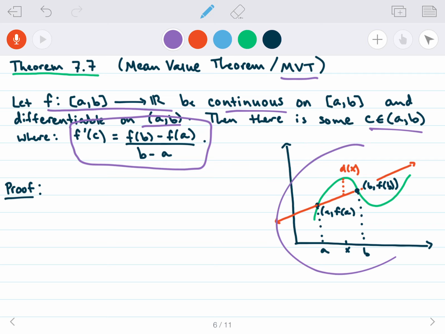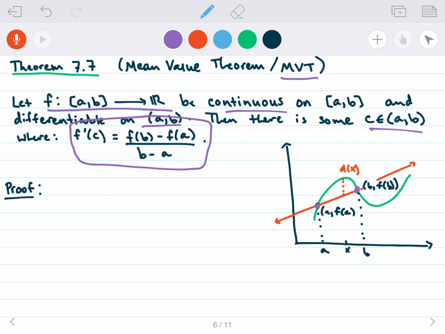Okay, so we have a picture right here. In green, I have my function f. I have the point a comma f of a and the point b comma f of b labeled, and I'm forming the secant line, in red, between those points.